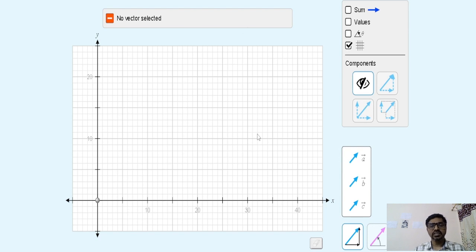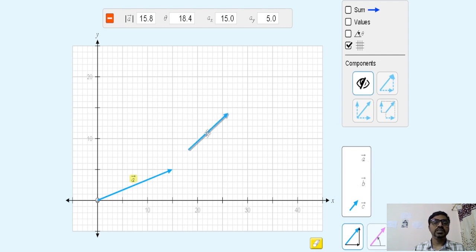Let's consider two displacement vectors: A bar is one vector and B bar is another vector. Note that this law of vector addition is valid for any vector, not just displacement vectors; I'm taking displacement vectors for better visualization.